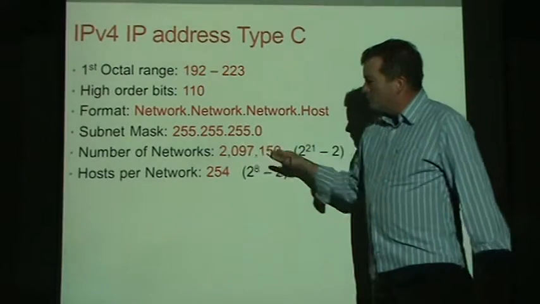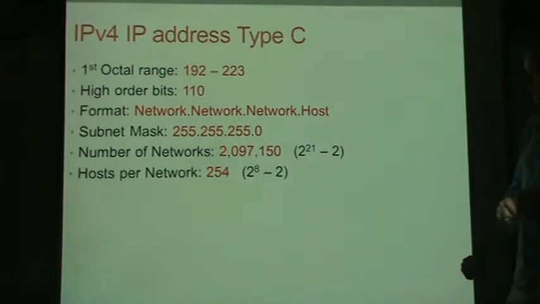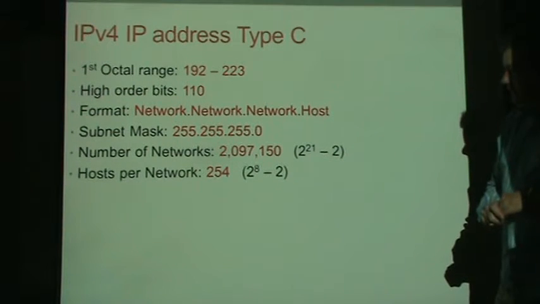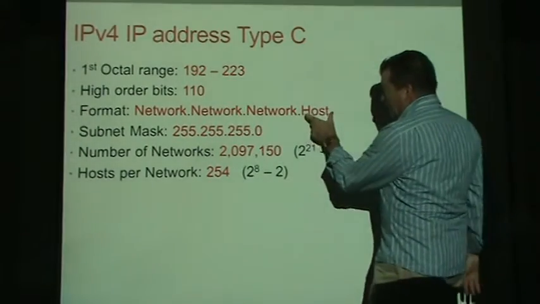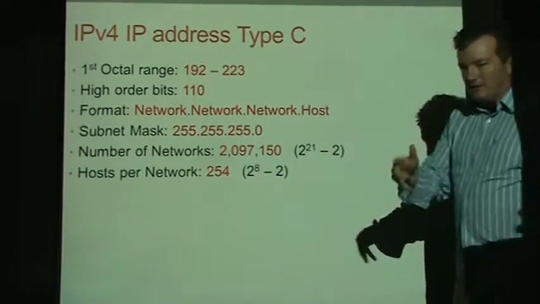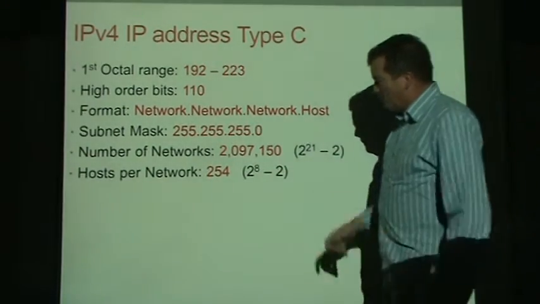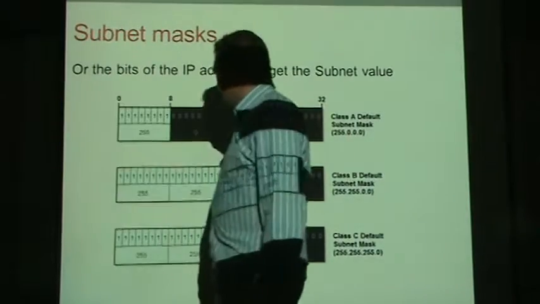So there's a little over 2 million type C networks in the world. And then on each one of those, we have 8 bits to decide which machine it is. So 2 to the 8 -2 is 254 unique values we can assign.